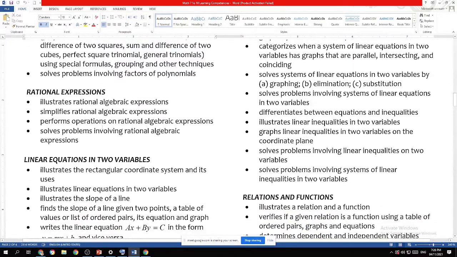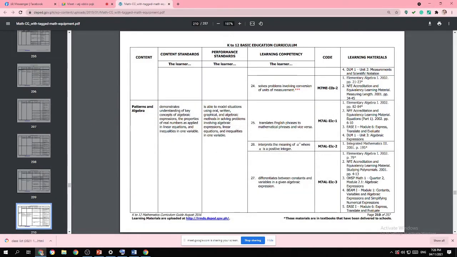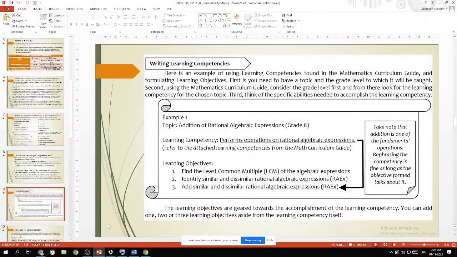Sir, performs operations on rational algebraic expressions. Correct, I'm going to make use of this. This is the learning competency for this lesson. Okay, now let's continue.